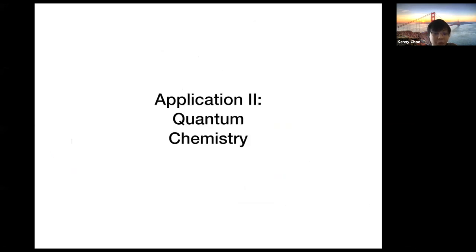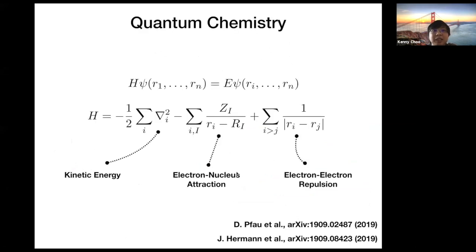Okay, moving on to the final application, and I'll be quite fast here. It's a quantum chemistry problem that we wanted to try to apply our machinery to. Basically, in quantum chemistry, the problem is usually in a continuous system as opposed to having particles on a lattice.